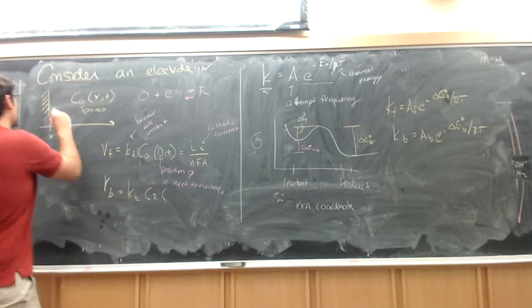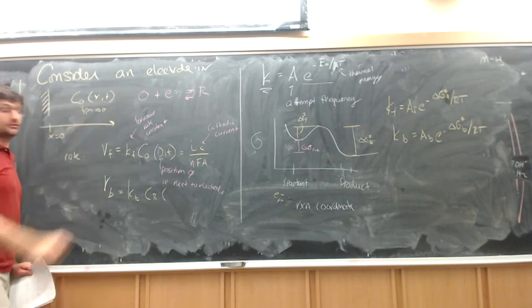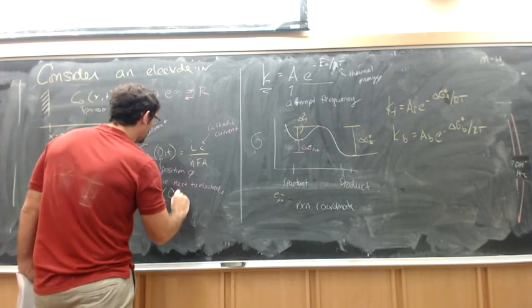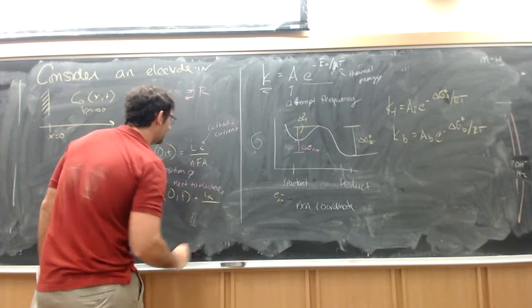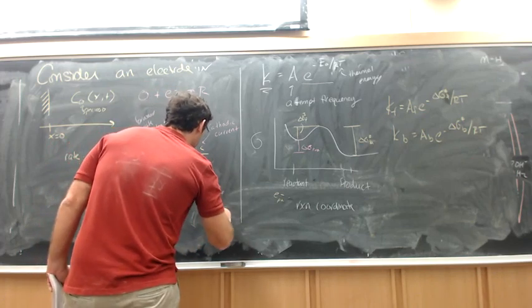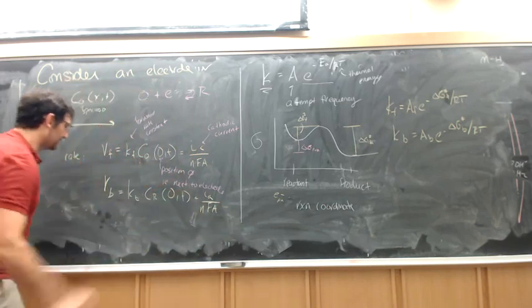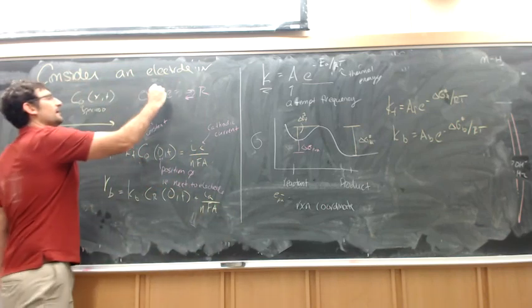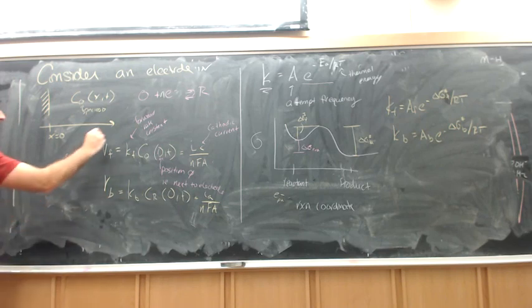So we care about the stuff that's right next to the electrode where the electrons can transfer. We don't care about the stuff in the solution, far away. C_R at 0 as a function of time equals i_a, anodic, over nFA. So F is Faraday's constant, A is the electrode area, n is the number of electrons transferred. I guess I should put n here, sorry. We're still keeping it general.